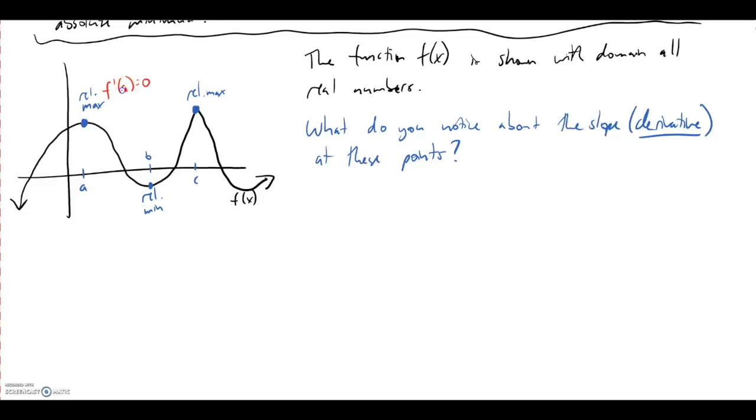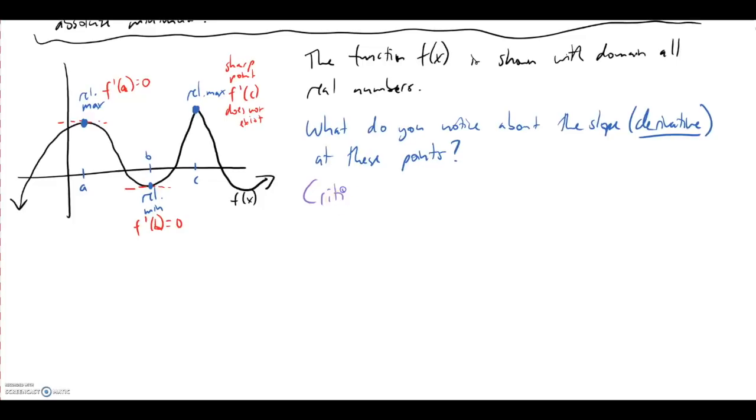That is a moment where we flatten out and have a horizontal tangent line. Same thing at B. F prime of B is also 0. But notice at this last turning point, at this sharp point, well, f prime of C does not exist. This function is not differentiable at C.